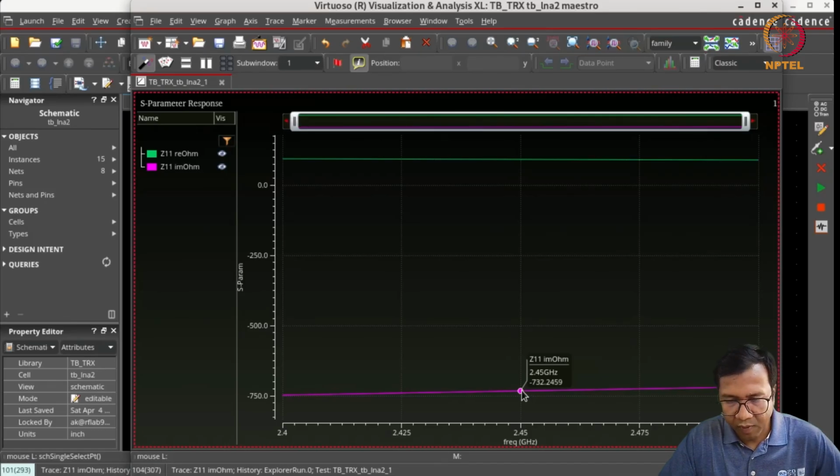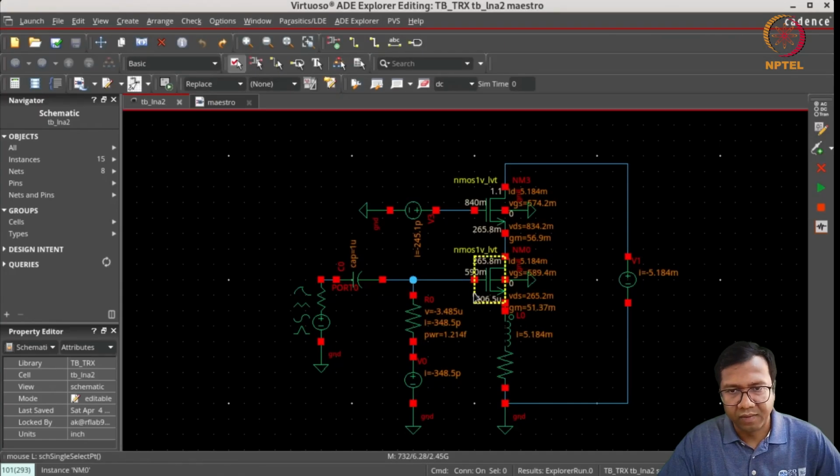So we'll find that if you want to compensate this 730 ohms of reactance using inductance at 2.45 gigahertz, then the inductance value should be around 47 nanohenry, which is very high. So we are going to add some extra capacitance between the gate and source so as to reduce the value of inductance which will be required to put in series on the gate side.